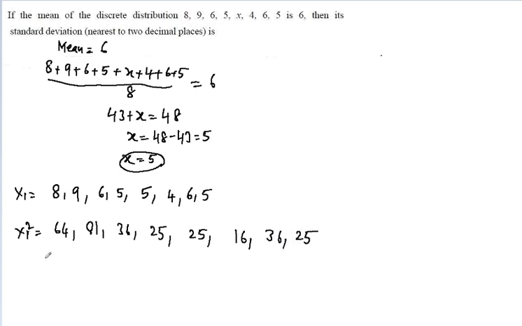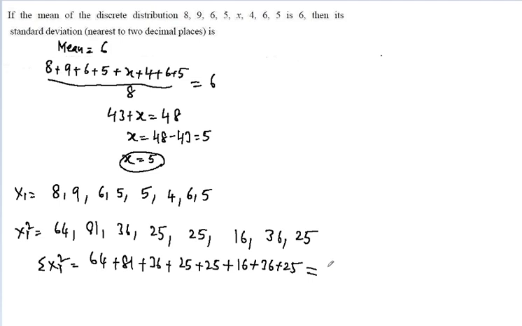These are the xi square. Now we find sigma xi square, that is 64 plus 81 plus 36 plus 25 plus 25 plus 16 plus 36 plus 25, so the total value of this is equal to 308.